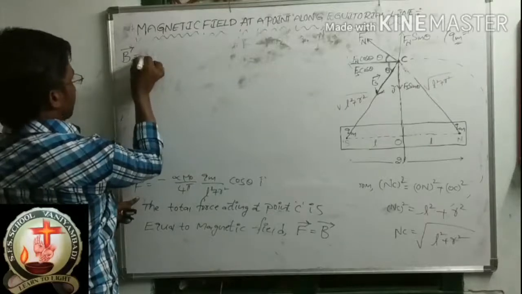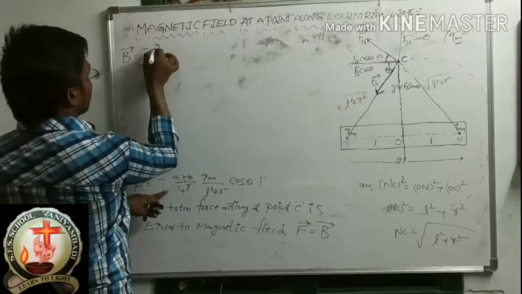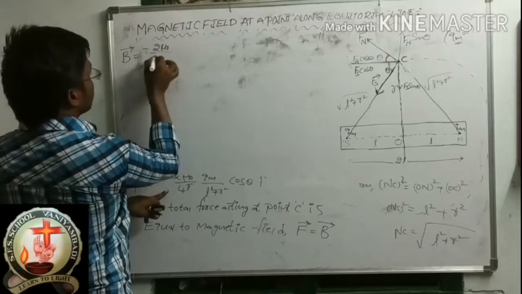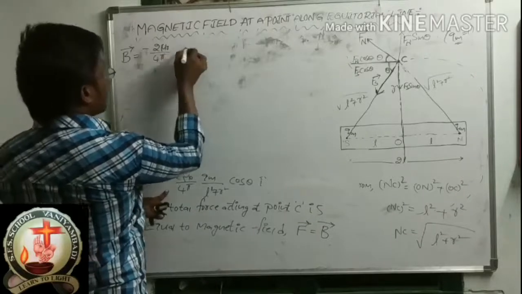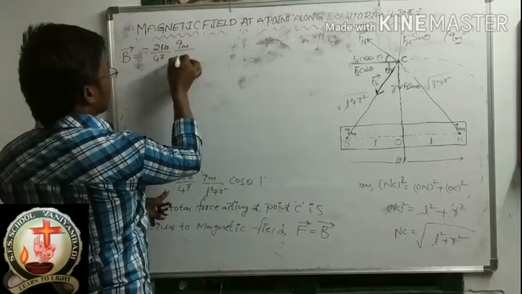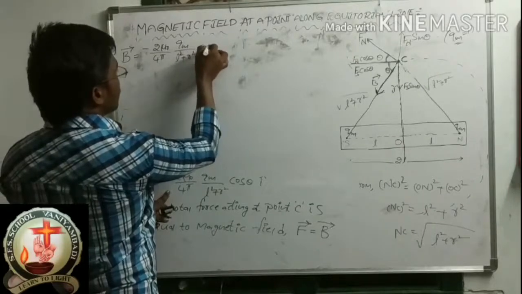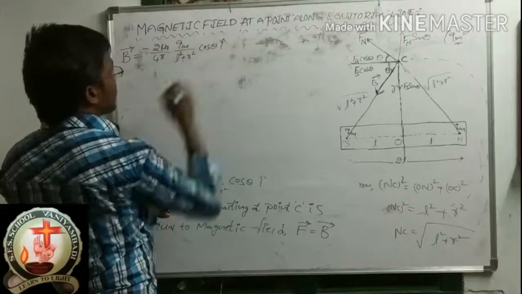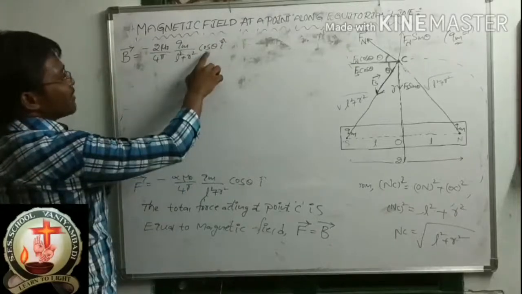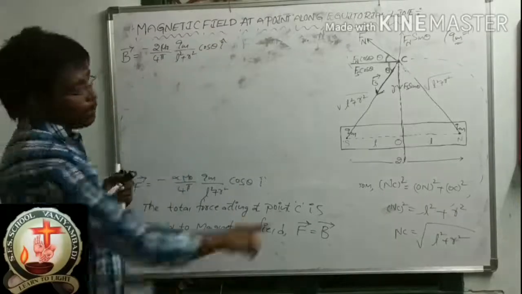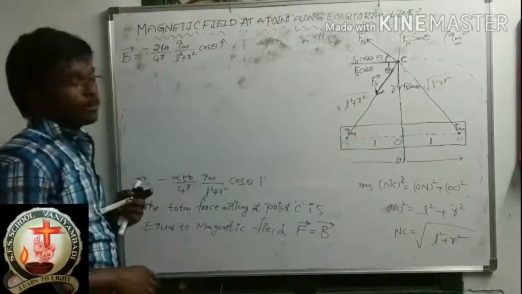B bar is equal to minus 2 mu naught by 4 pi Qm by L square plus R square cos theta I cap. Now I am going to find this cos theta value by the use of our diagram.